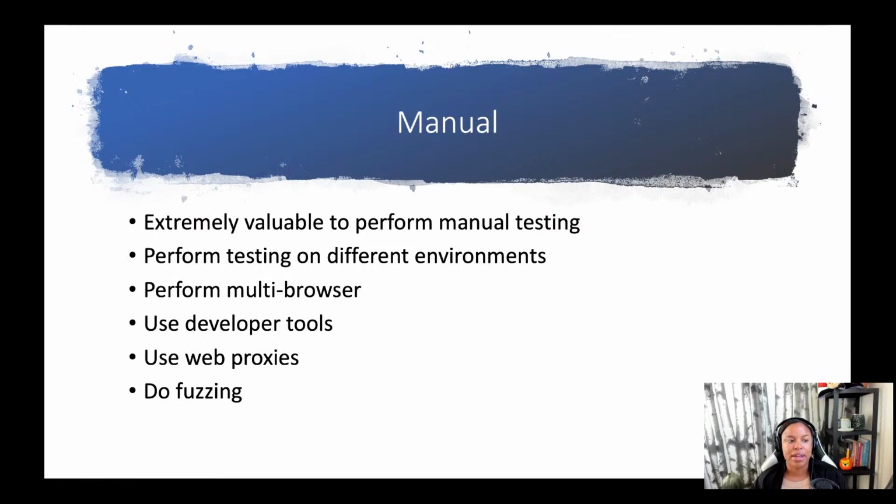And then the last one along with that is to do some kind of fuzz testing. Which again, I think these three here, when using developer tools, web proxying, and fuzzing, all go along with each other, because here you're really trying to see what you can exploit or what can go wrong that maybe the system wasn't designed for.